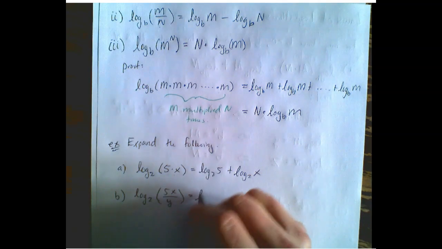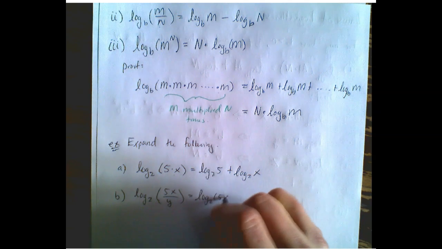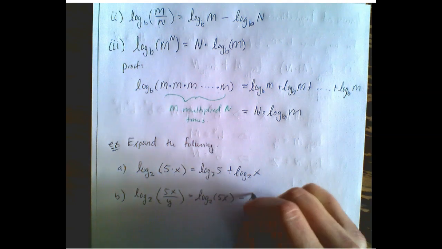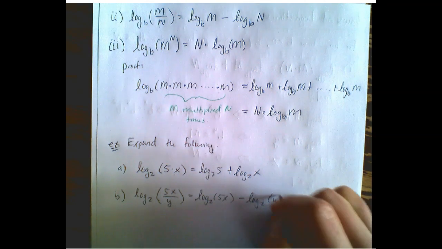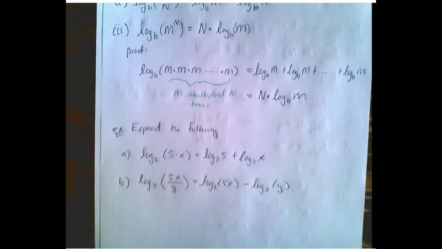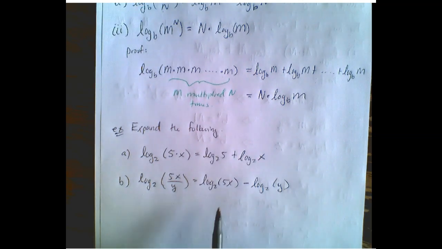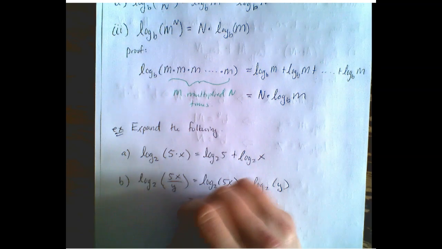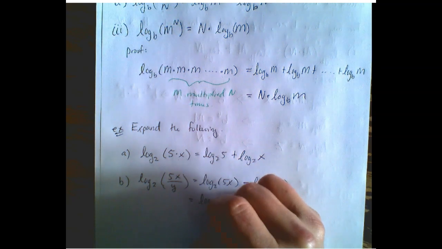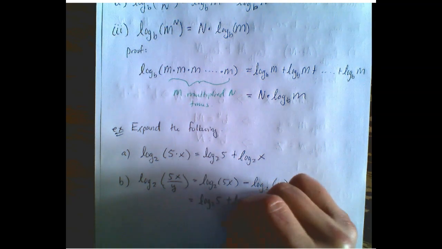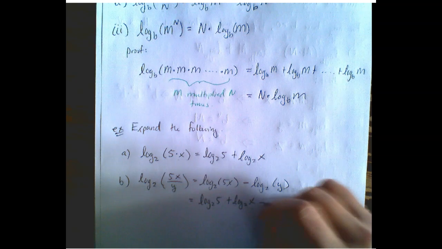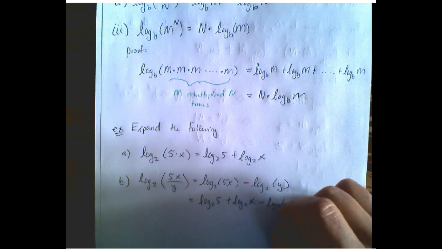So this would be log base 2 of 5x minus log base 2 of y. Well, we're not done now because we know that we can expand this a little bit more, right? We've just done that at the top. So this would be log base 2 of 5 plus log base 2 of x minus log base 2 of y.